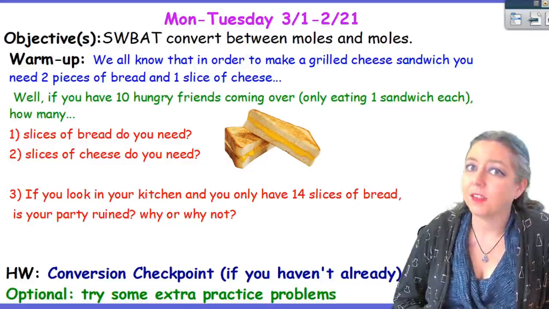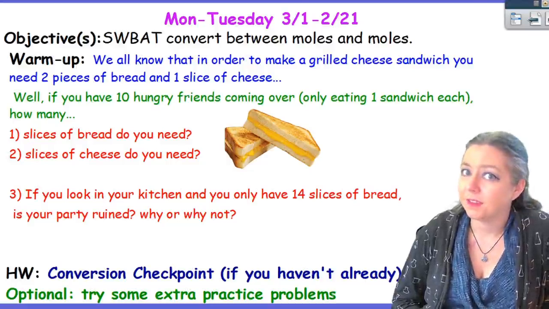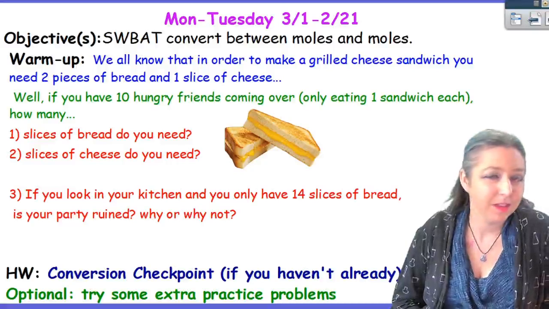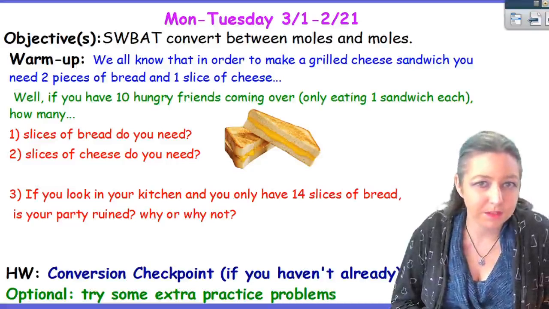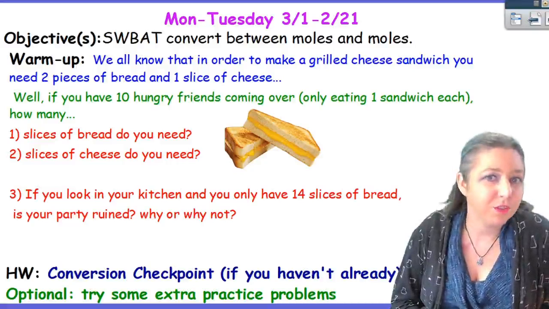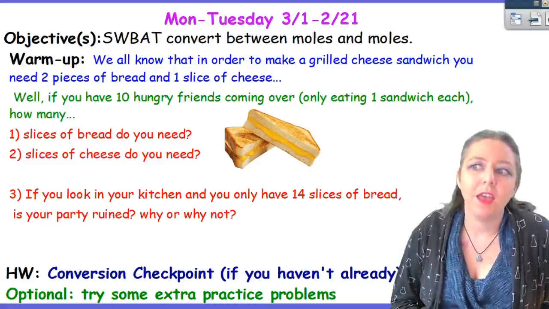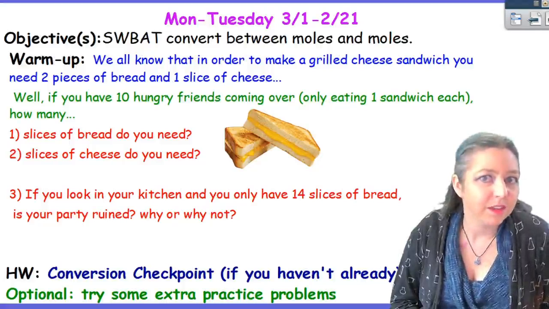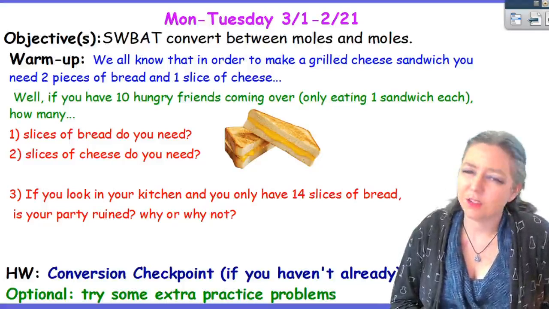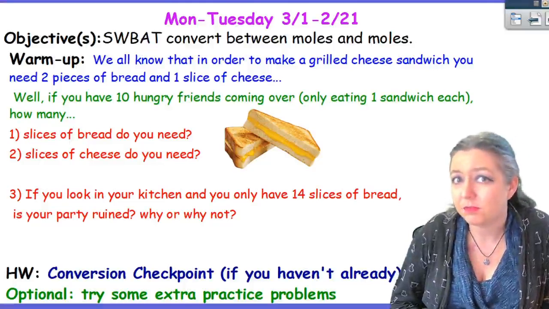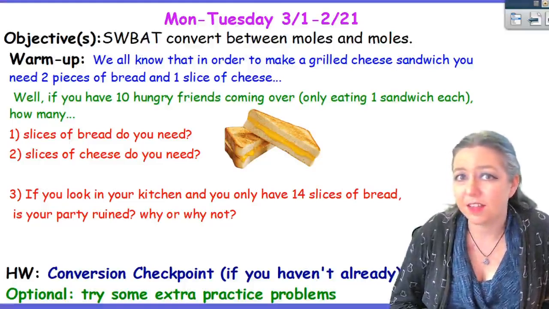I know that seems like extra work, but we're about to do a lot of problems that pretty much boil down to using recipes, but we're using much more confusing things like moles and grams. Using the factor label grid will really help you. That's why it's good to practice using factor label on things that are really simple, like what we're going to do later on in class today.